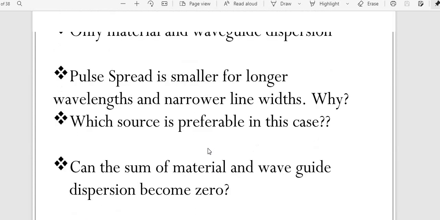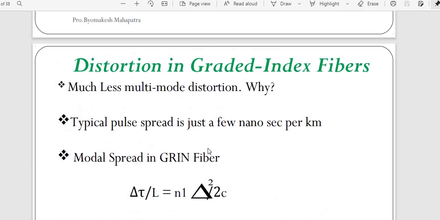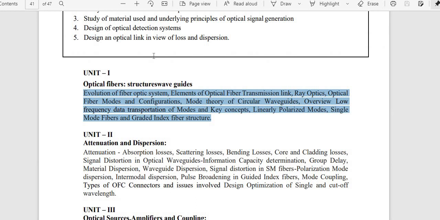So because of all these kinds of parameters, we are considering our step index and gradient index and single mode and multimode fibers that cover your complete unit 1.